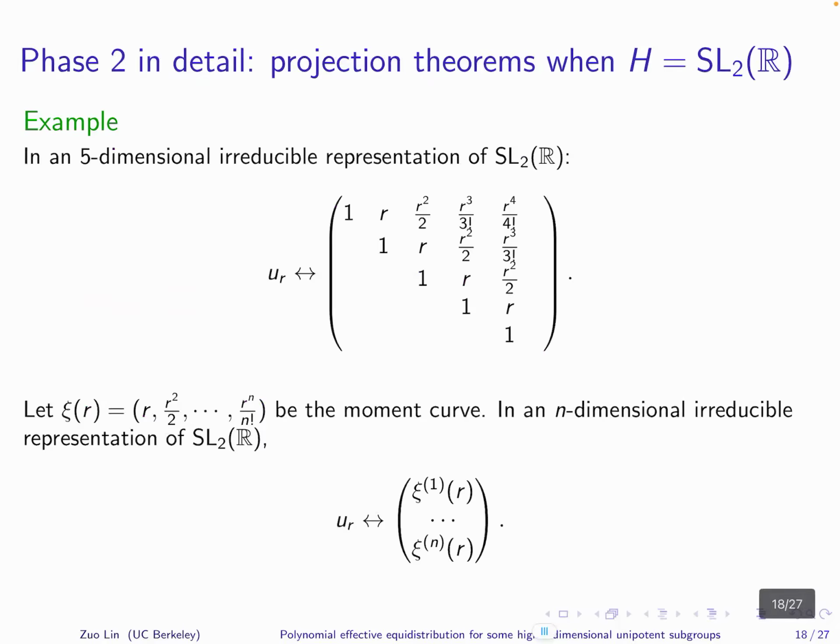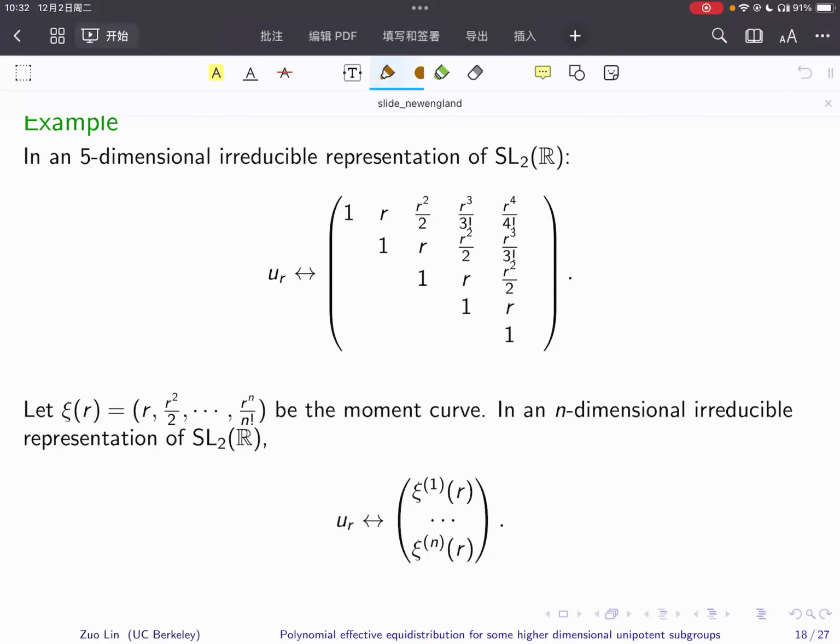First, let me briefly talk about the projection theorems used in the work of Lindenstrauss, Mohammadi, Wang and Yang. In this case, H is SL_2(R), and the good thing for SL_2(R) is that we know basically everything about its irreducible representations. For such an irreducible representation, let's just take a 5-dimensional one as an example.